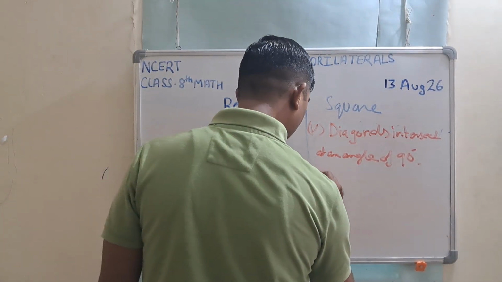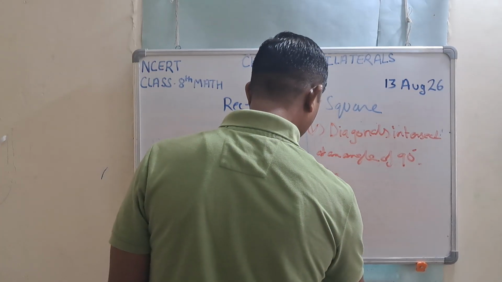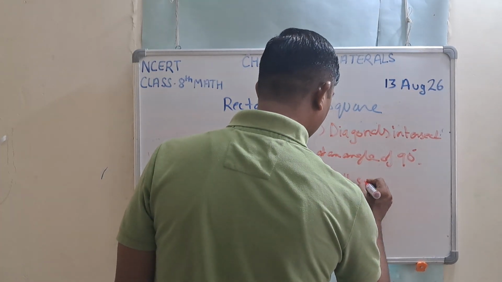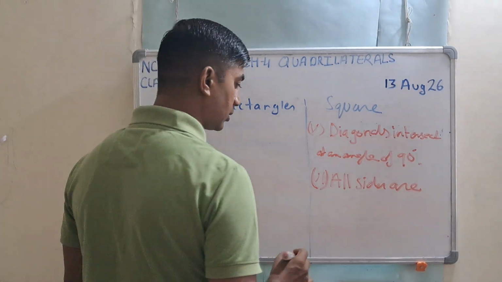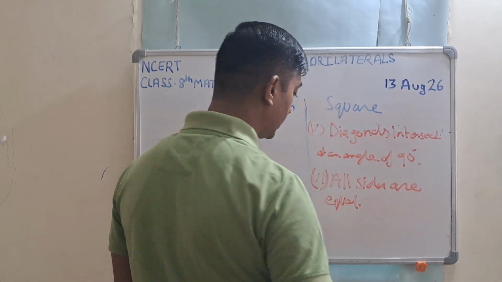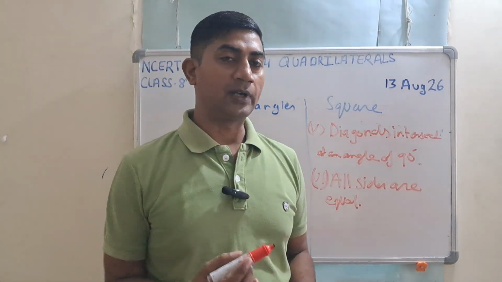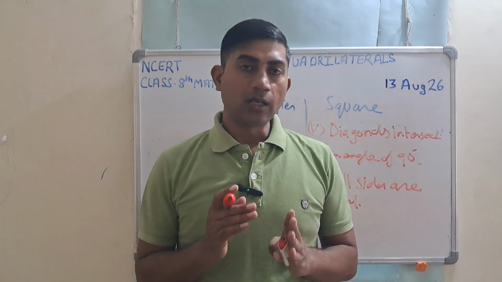What is the sixth point? All sides are equal. Means we have seen in the case of a rectangle and a square, opposite sides are equal and parallel.